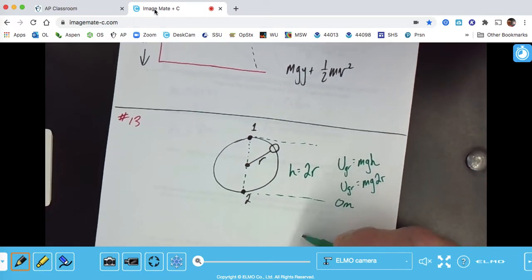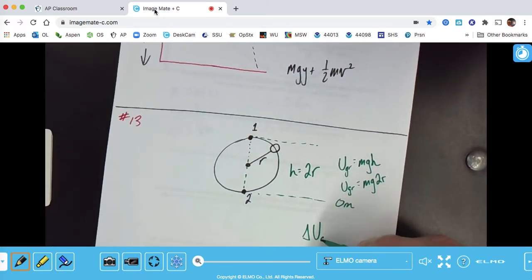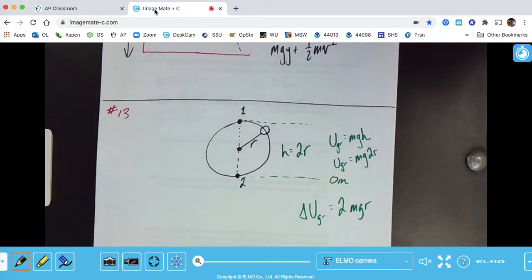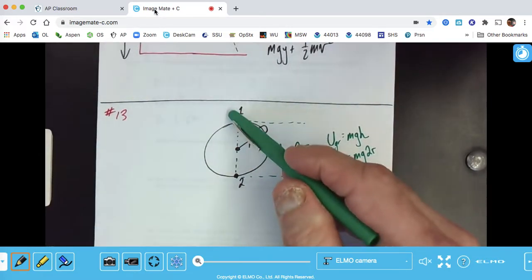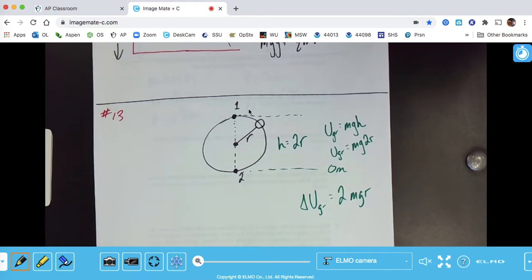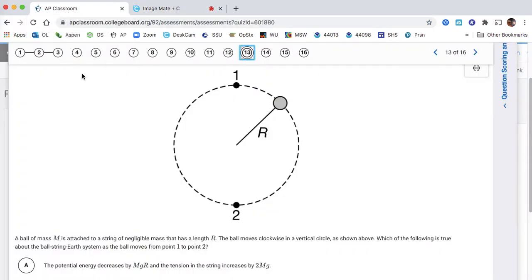So the change in potential energy is going to be twice mgr, not just mgr, because r is only half the distance it falls, right? So let's go find one that has a change in potential energy of 2 mgr, and take it from there.